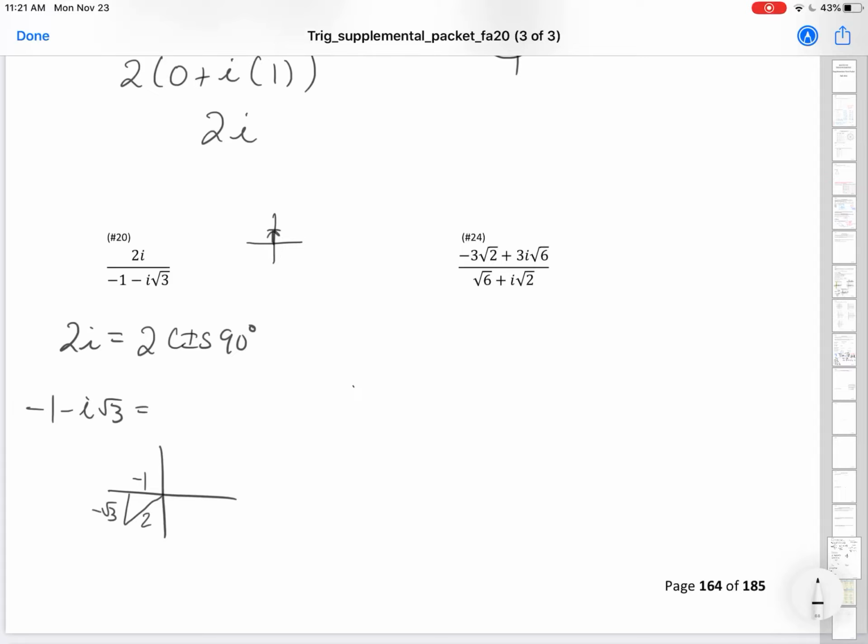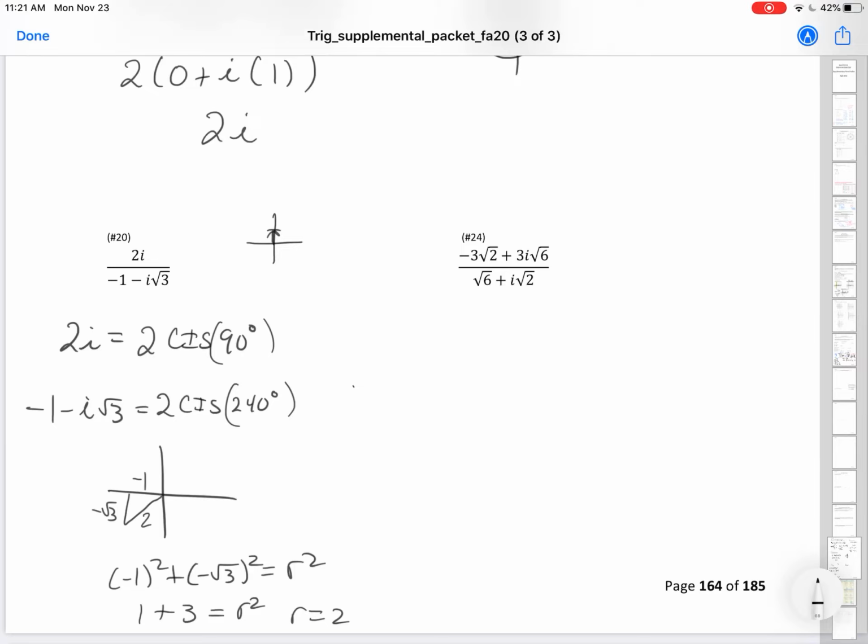So the magnitude's definitely 2. Do you see that? Negative 1 squared plus negative root 3 squared needs to be equal to r squared, or 1 plus 3 needs to be r squared, so r is equal to 2. So we knew that was 2. So the question is, whose sine is root 3 over 2? 60 degrees. So it's a 60-degree reference angle, so this is 2 CIS 240 degrees. And we need that degree measurement in there.